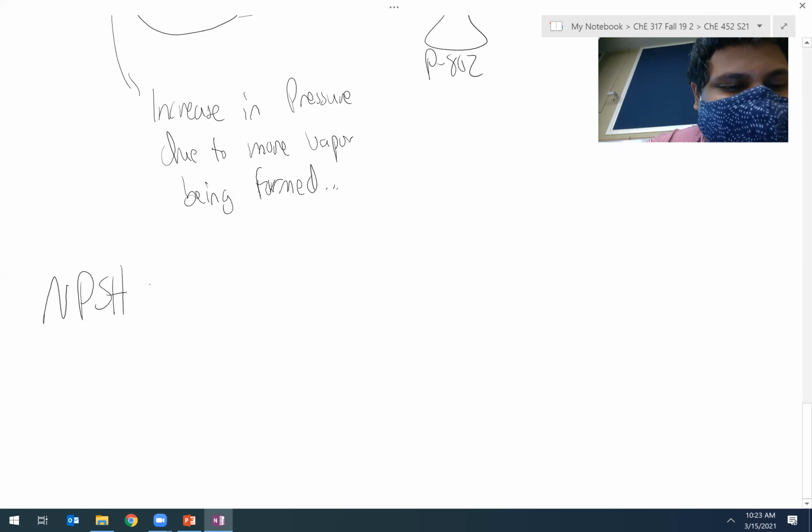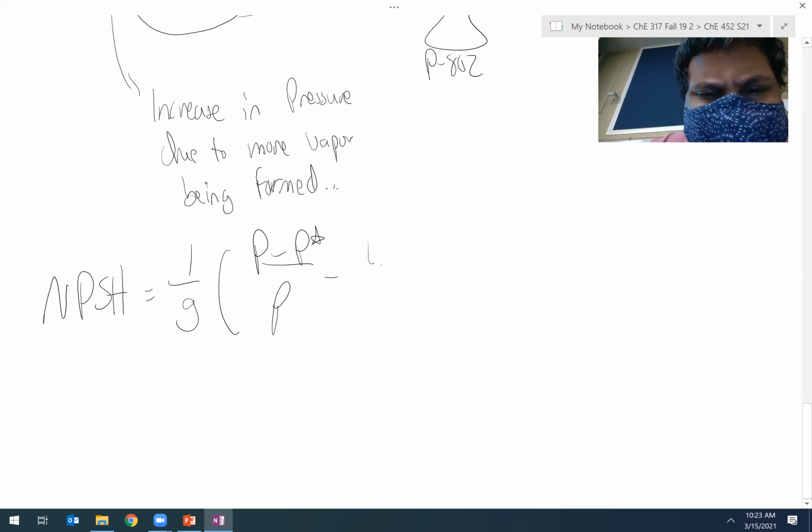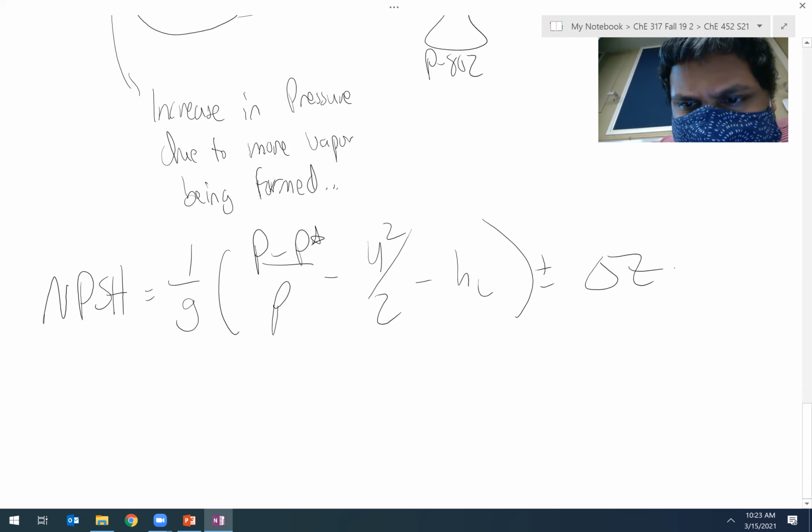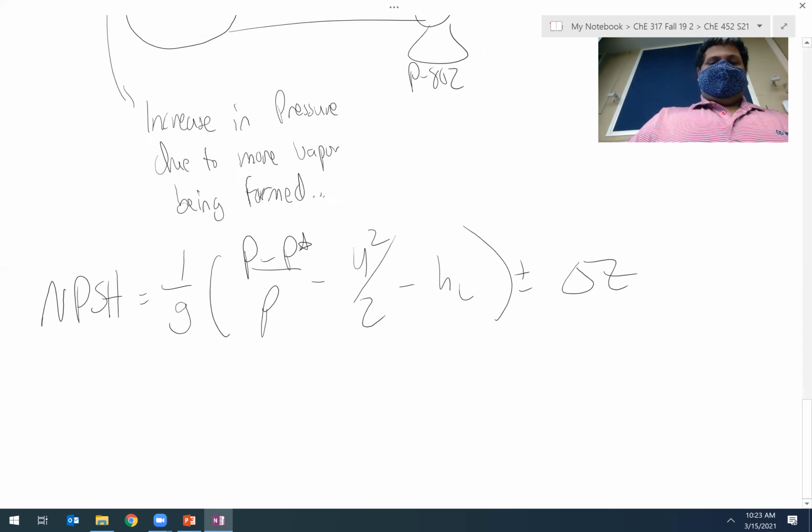So we said NPSH is 1 over g, (P minus P star) over rho, minus u squared over 2, minus head loss, plus or minus delta Z, depending on what day of the week it is. If we're doing it right, since I put the pump below, let's really hope that's a plus.